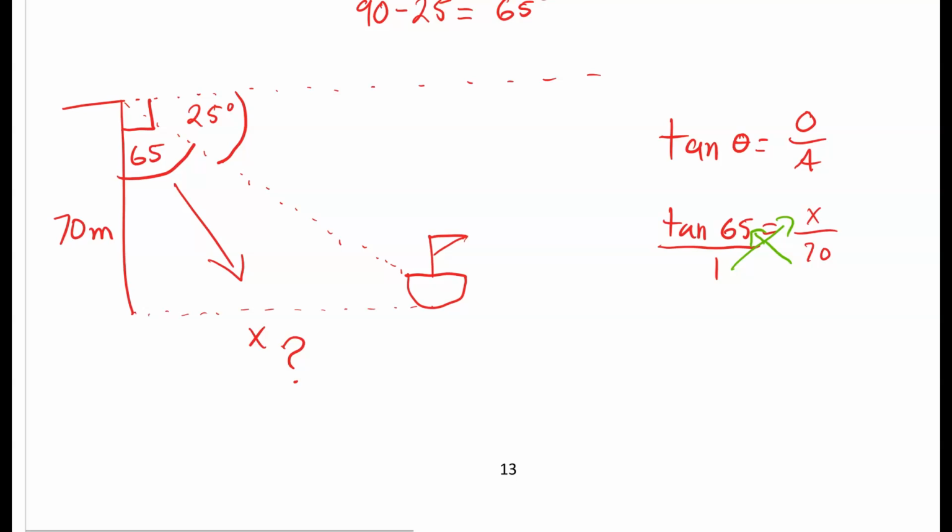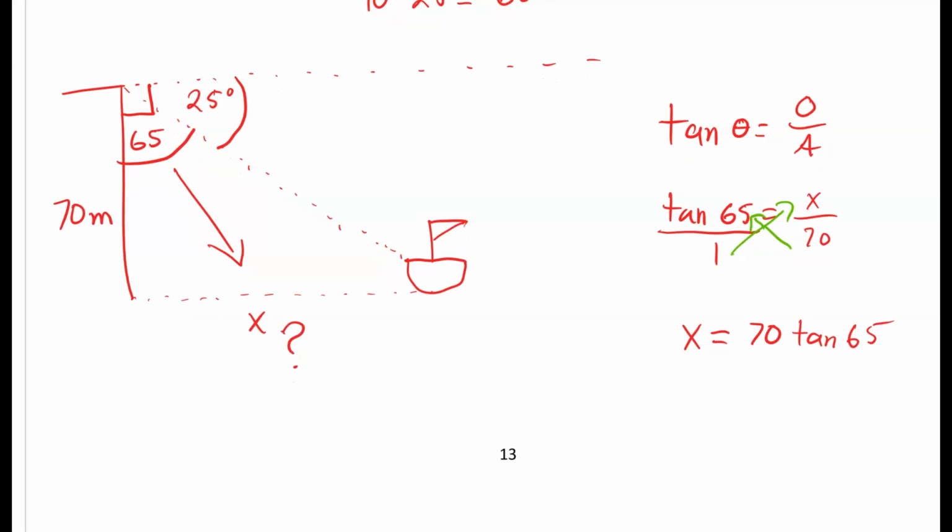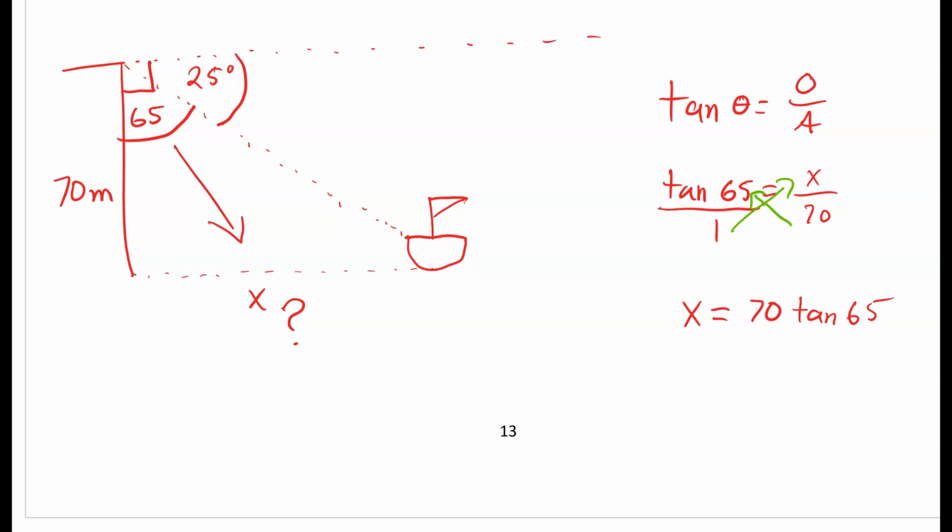So what we end up with is x is equal to 70 tan 65. And we can do 70 multiplied by tan 65, and we're going to find out that x is equal to 150.12 meters. So the distance from the base of the cliff is 150.12 meters.